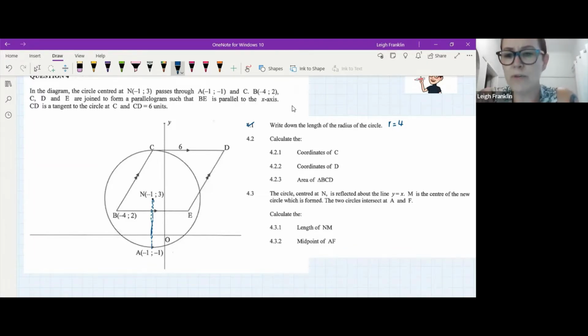Why do you think they first asked us to calculate the length of the radius and then the coordinates of C? Because they want us to use that information. So what do you think the coordinates at C are, Matrix? Neo says -1 and 7. Lovely, that is correct, Neo. They are -1 and 7.